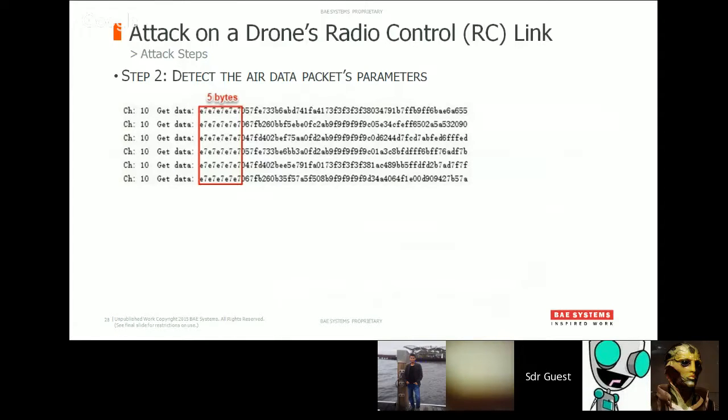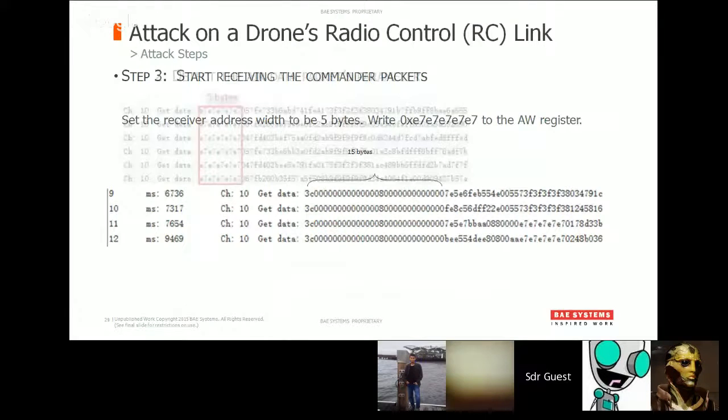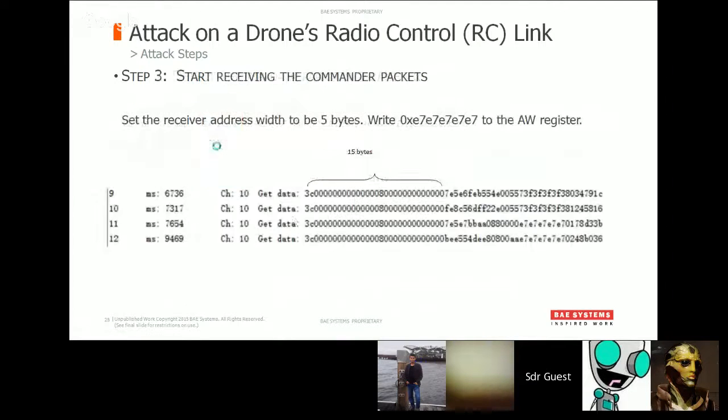And then I changed the receiver's address to be the address I found here, and I received some useful information. And as we can see, the first 15 bytes remain consistent. So I suspect they were the valid payload sent by the transmitter.